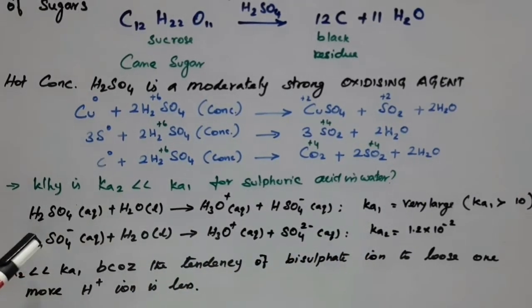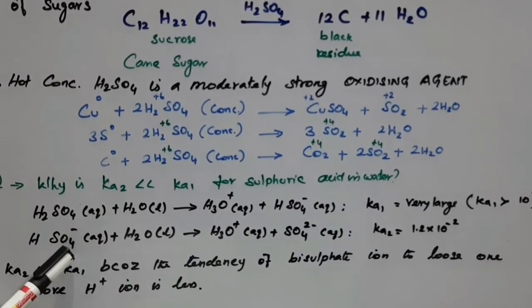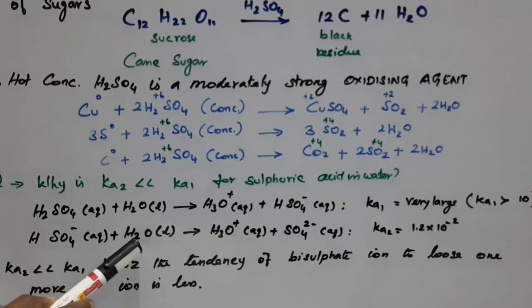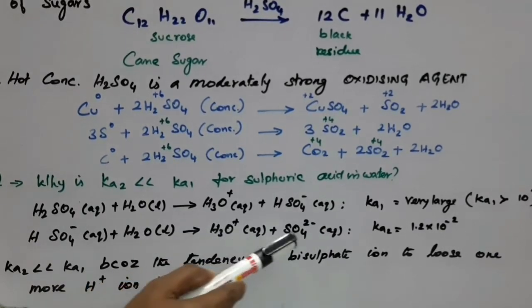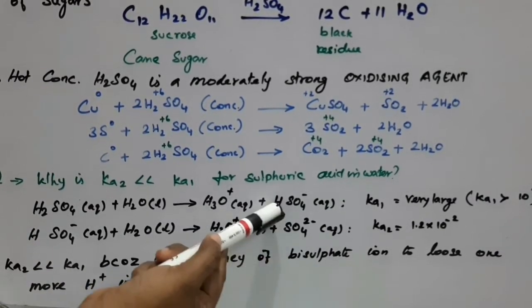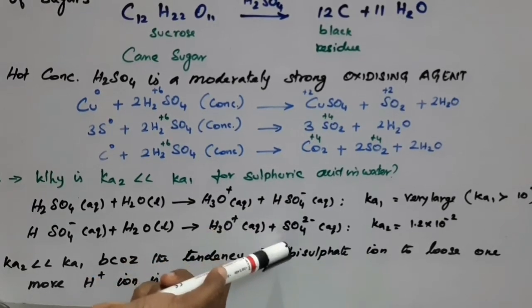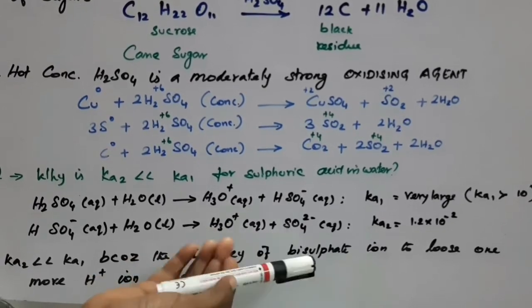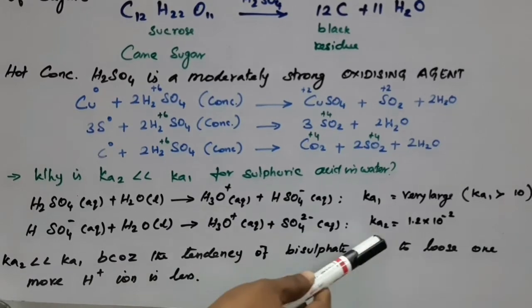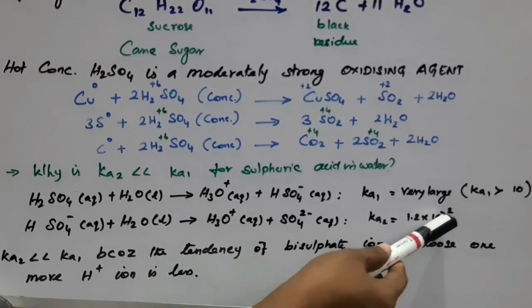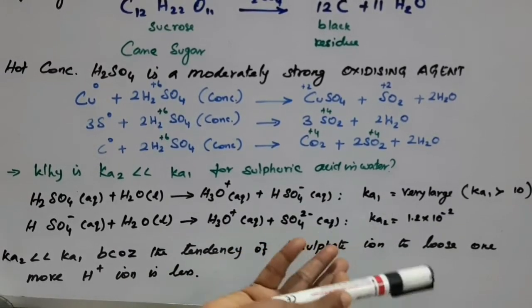In the second step, hydrogen sulfate dissolves in water to form hydronium ion and sulfate only. Compared to the previous step, the release of the hydrogen is less. So this Ka2 is 1.2 into 10 power minus 2. This is a calculated value, we cannot change anything.